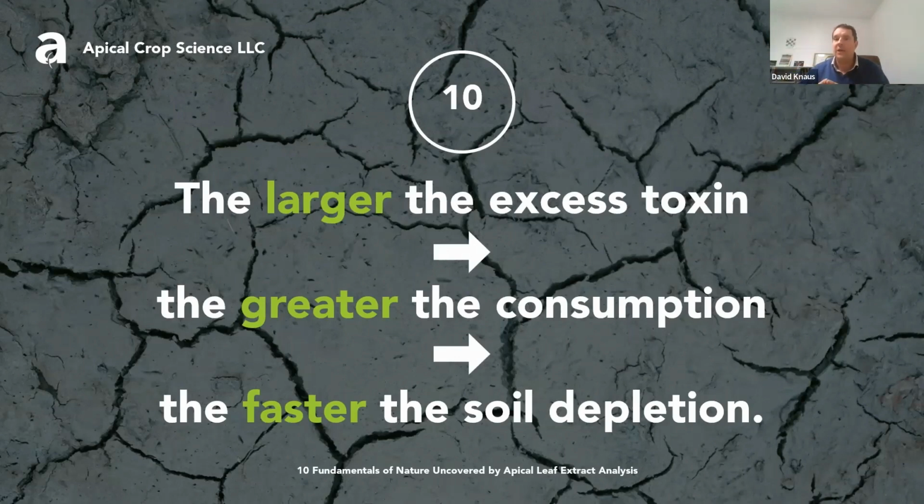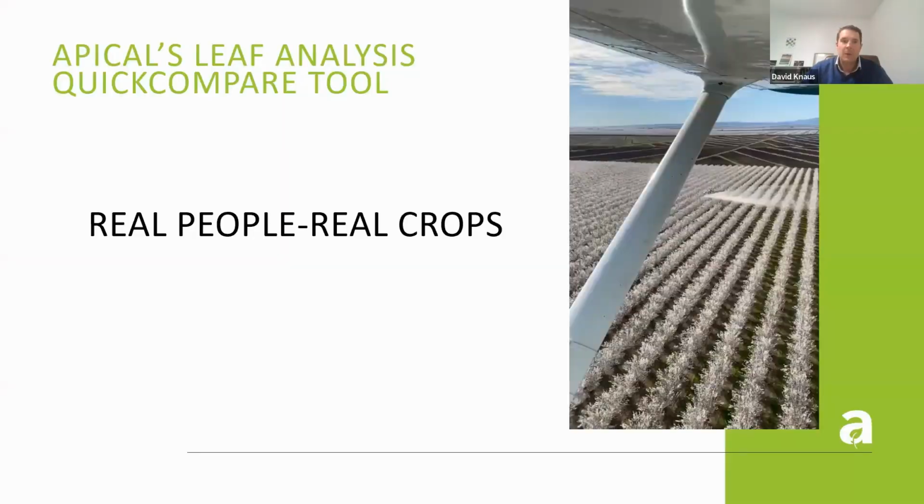But generally speaking, almost all the time, the plants are obeying these 10 principles of nature. And so by understanding how those flow through data, and incorporating that into your conceptual understanding of how to read leaf analysis, this is how you can reverse soil depletion, encourage your crop development, and really take the next step forward in your agronomy, in your crop improvement, in your farm.